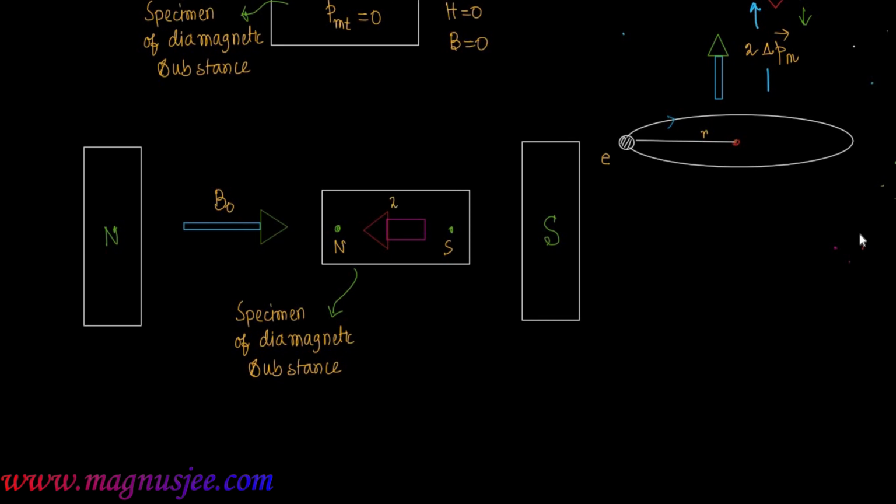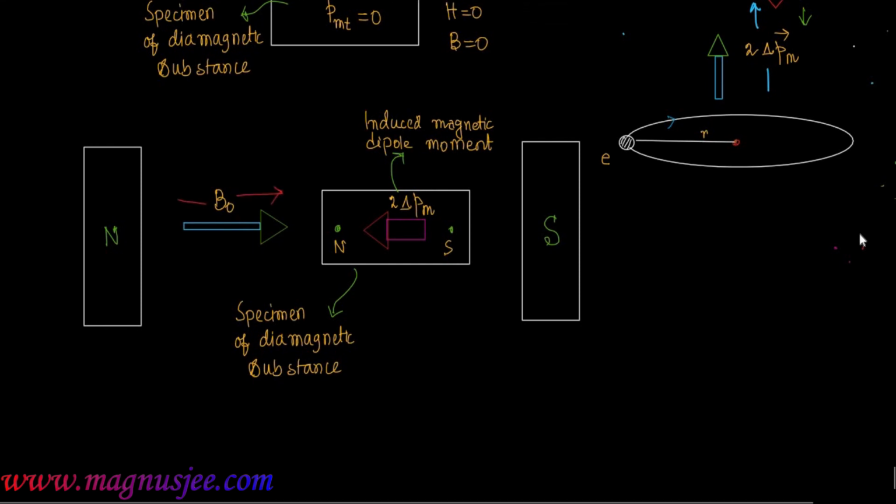That means the induced magnetic dipole moment 2 delta Pm will act towards the left, in a direction opposite to the magnetic field of field induction B0. 2 delta Pm is the induced magnetic dipole moment acting inside the specimen of diamagnetic substance towards the left, opposite to the external magnetic field B0.